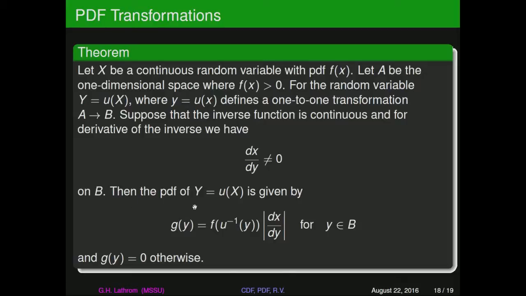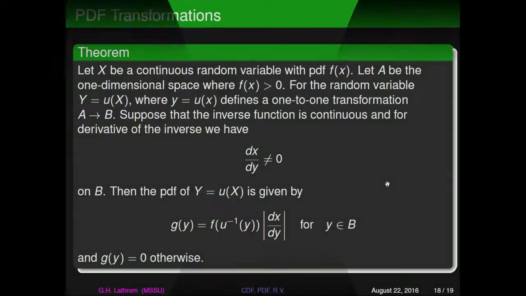And so the PDF of our new random variable Y is going to be f evaluated at the inverse function of y, times the absolute value of the derivative of the inverse function. Okay, let's see if we can go about and prove why this is going to be true.